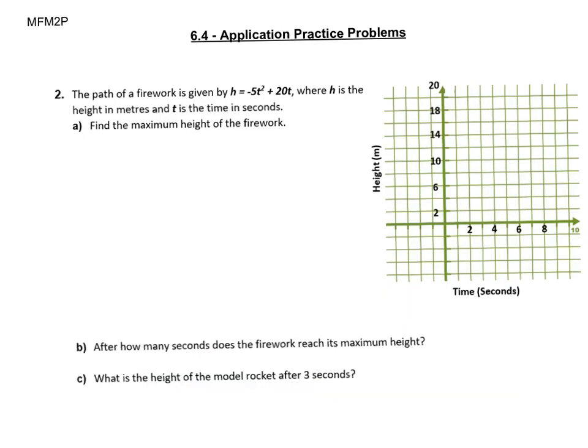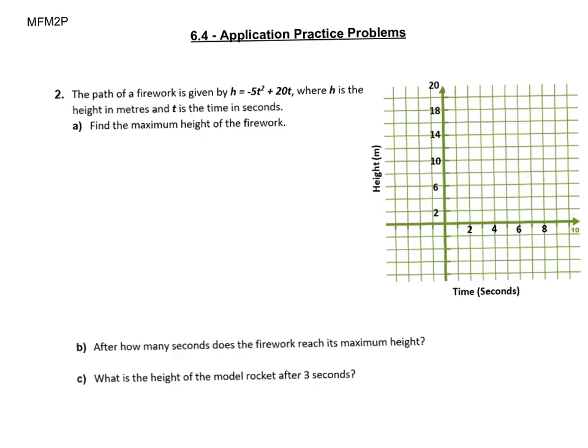The path of a firework is given by h equals minus 5t squared plus 20t, where h is the height in meters and t is the time in seconds. So we've asked, let's find the maximum height of the firework. I'm also curious about where we're setting off the firework. Are we setting it off from the top of a building, or from the ground? So what is h when t is 0?